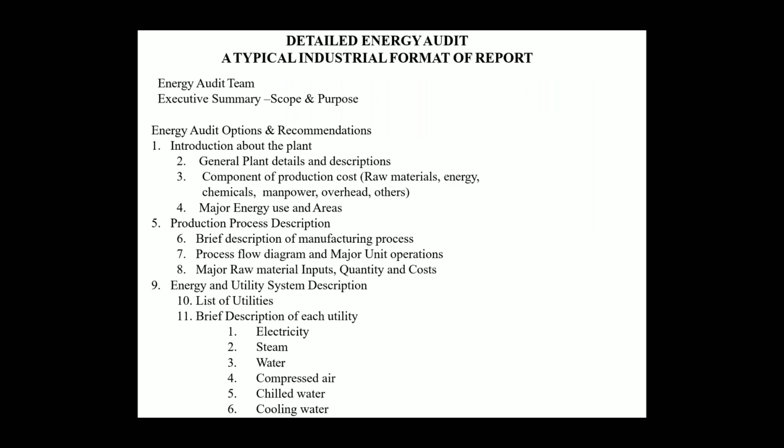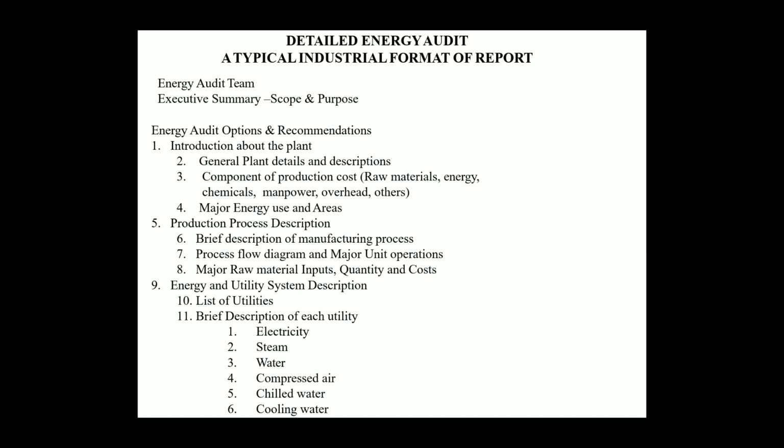Then the detailed energy audit report, this is an industrial energy audit report. In that, the first items are the energy audit team, executive summary, scope and purpose, energy audit options and recommendations.